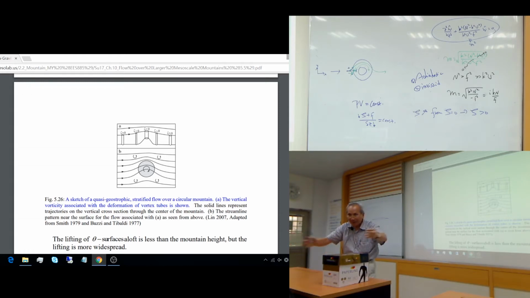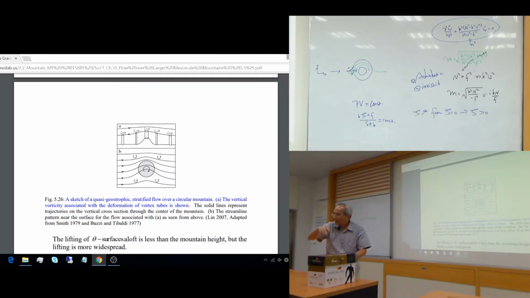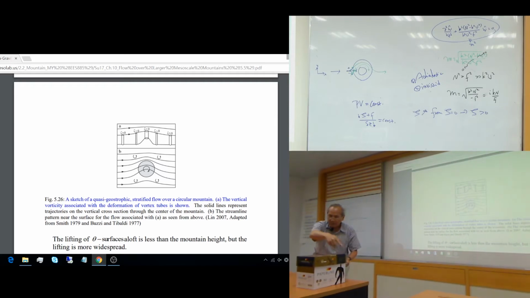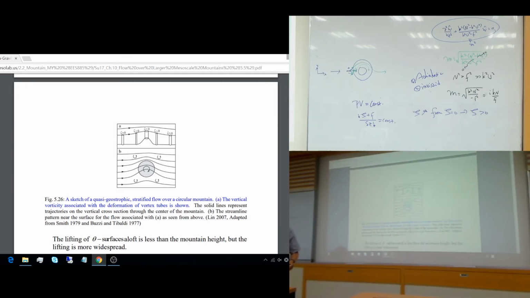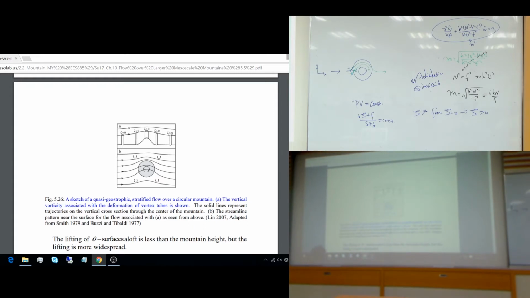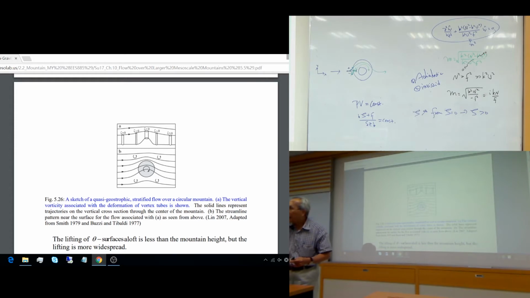Adiabatic expanding, it becomes colder, so the whole area becomes colder, and once it's colder, it's going to create negative vorticity, right? When that's shrinking, you get negative vorticity. So then flow comes in, turns to north, and makes an anticyclonic circle because it's colder.